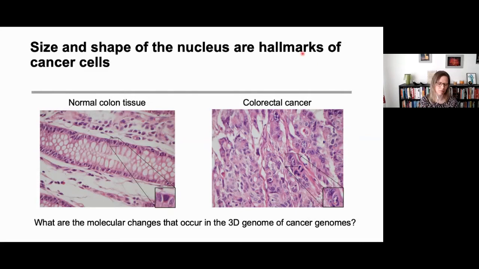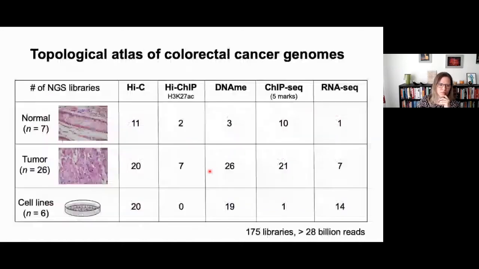This is something that pathologists actually use to diagnose cancer, but it also raises the question of what are the molecular changes that occur in how the 3D genome is folded. To answer this question, we have generated a large data set consisting of a cohort of patients of 7 normal tissues, 26 colorectal cancers, and 6 cell lines for validation.